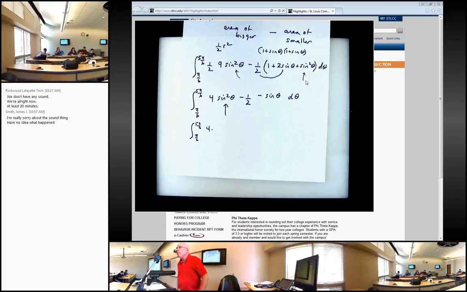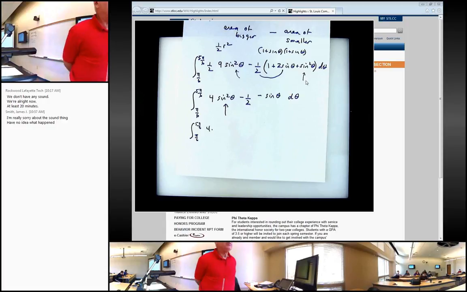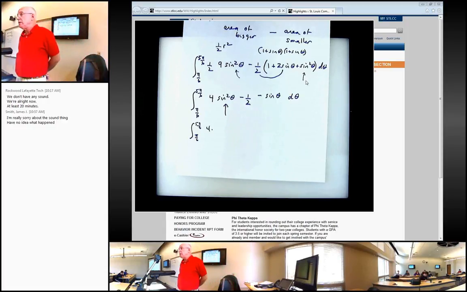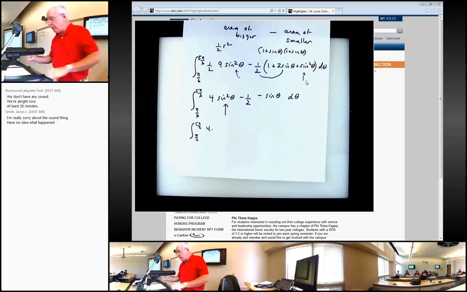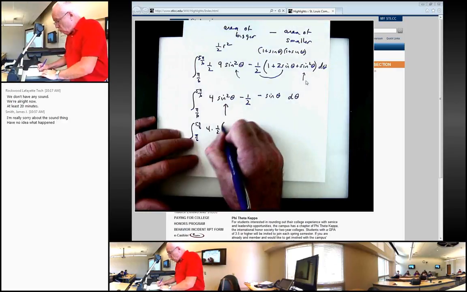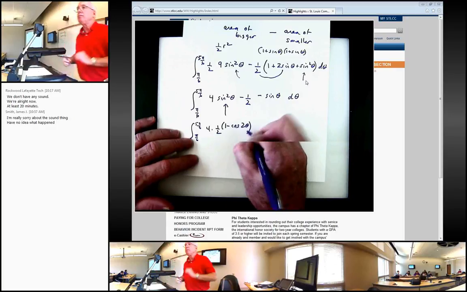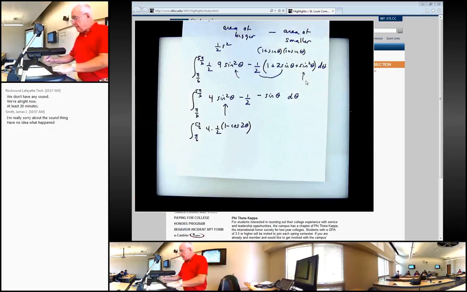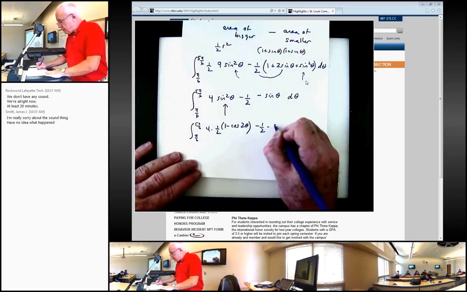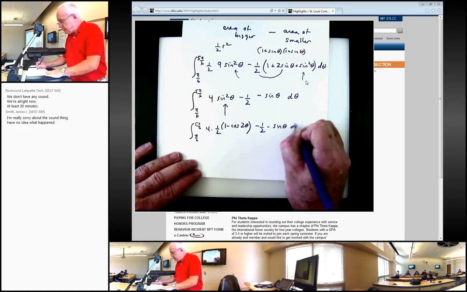So 1/2, 1 minus cosine. The way I told you guys that I remember that is sine is bad, so we're going to have a negative there. Okay, that's how I remember this stuff. So this is 1/2, 1 minus the cosine of 2 theta. All right? And then this is still my minus 1/2 and my minus sine of theta, like that.